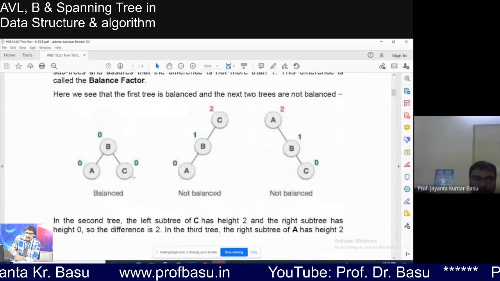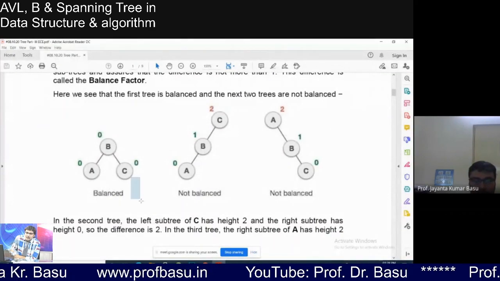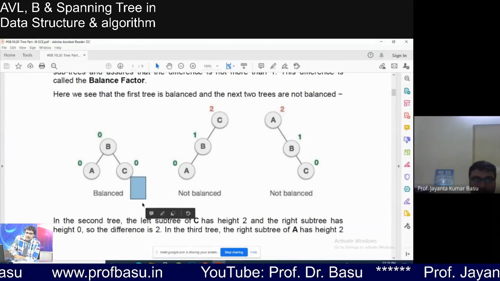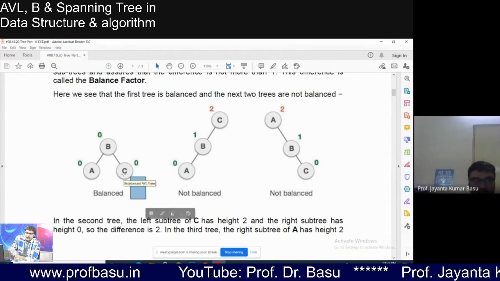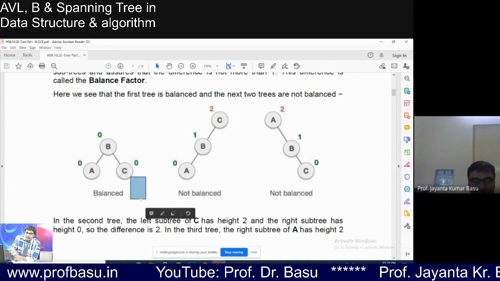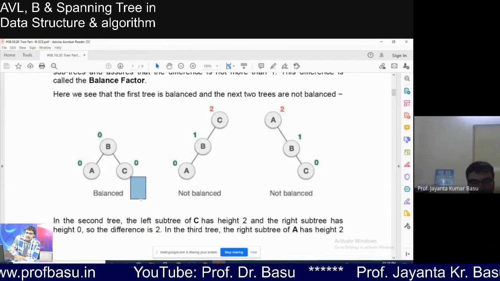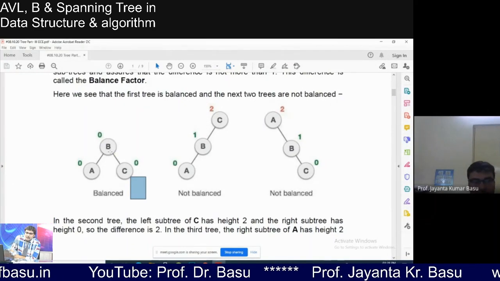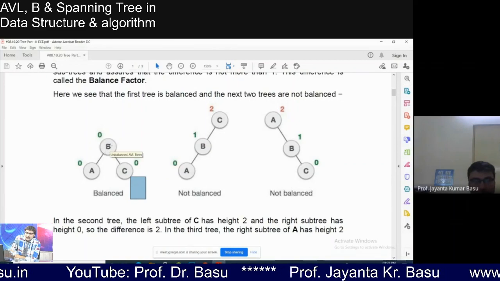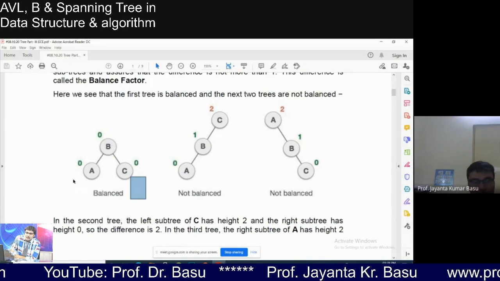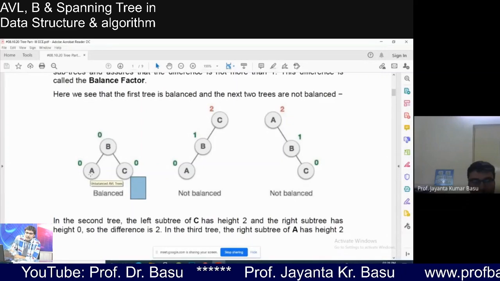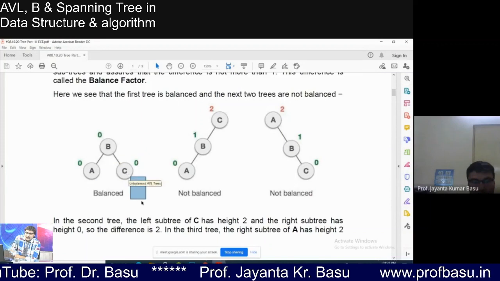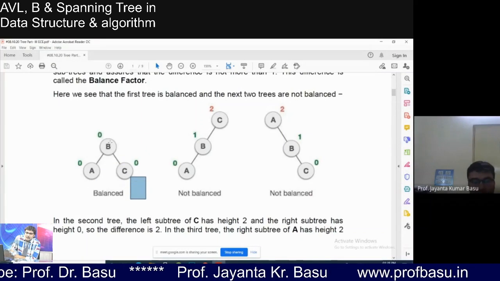Say, if we get another child from this, let's say D, got it? Let's say C has a right child. Now you calculate the balance factor of B: height of the left subtree is 1, and the right is 2. So 1 minus 2 will be -1.